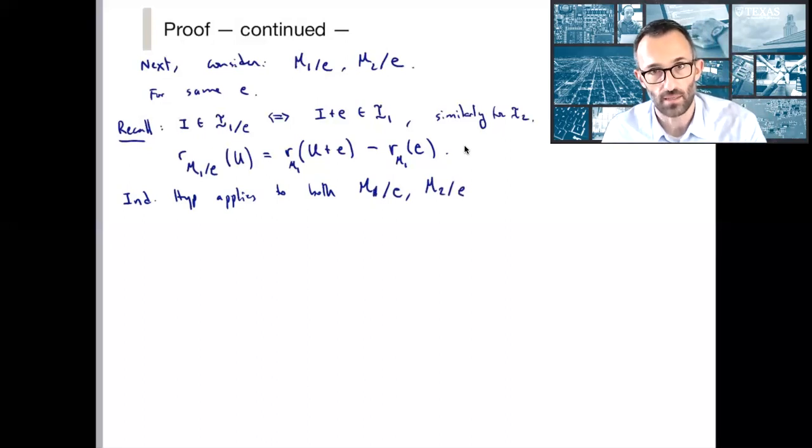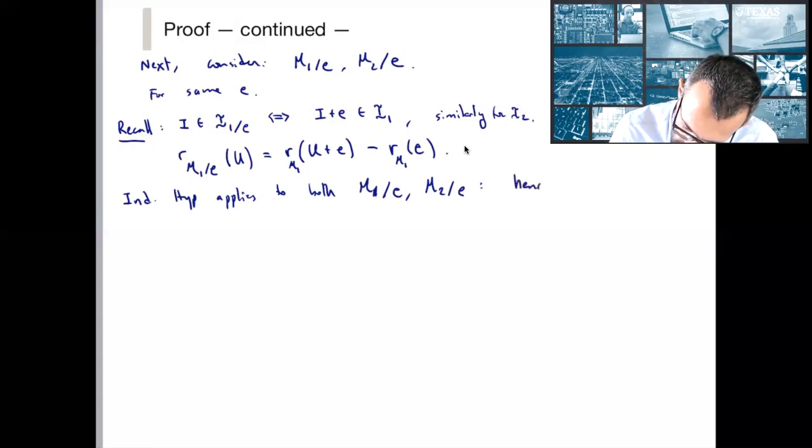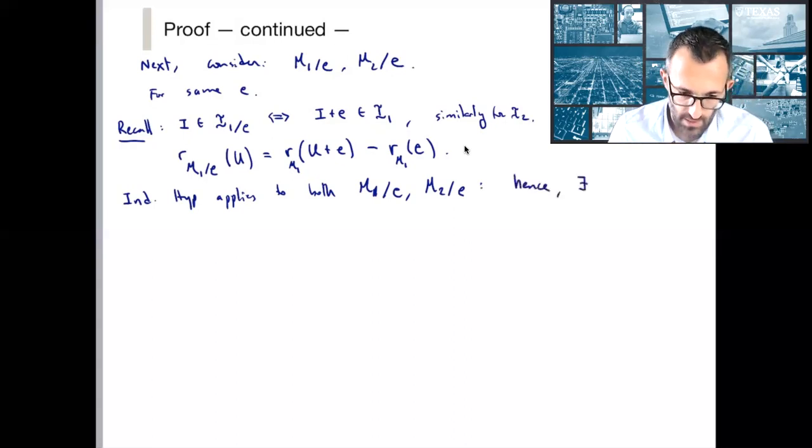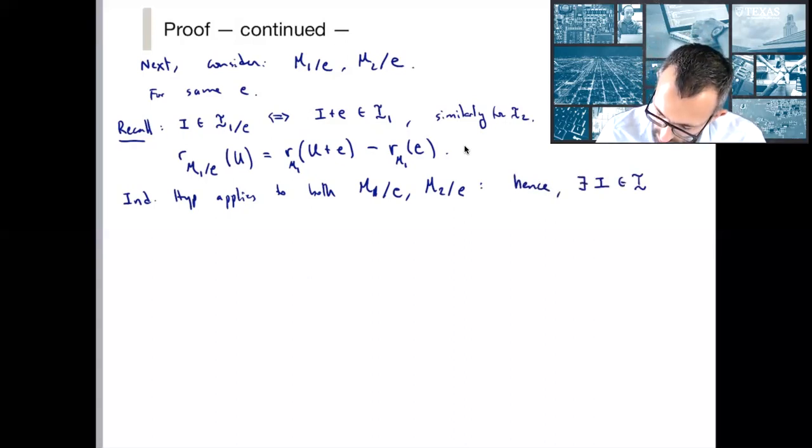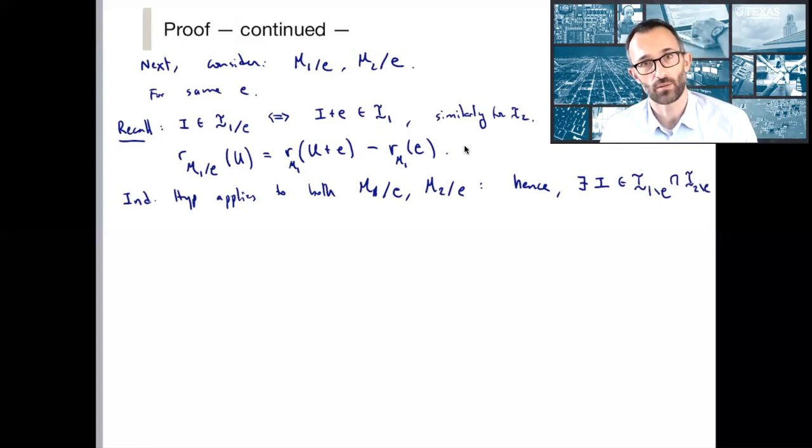And so what does that tell us? Hence, there exists some I that's in the intersection of, now the notation is going to get a little hairy, but hopefully you'll bear with me, I1 contracting E and I2 contracting E. It's a little bit more complicated here because, again, the independent sets are not just the sets that were independent in the original matroid that happen to not have the edge E. They're actually different here.